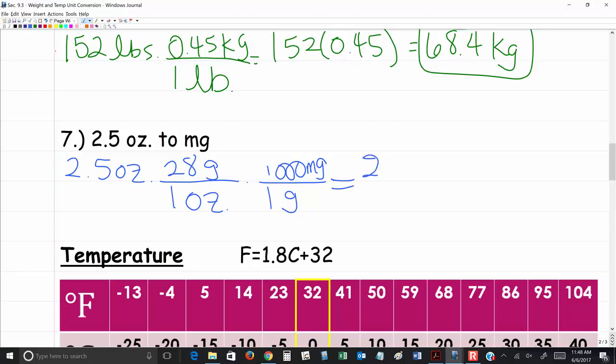So 2.5 times 28 times 1,000 equals 70,000 milligrams.